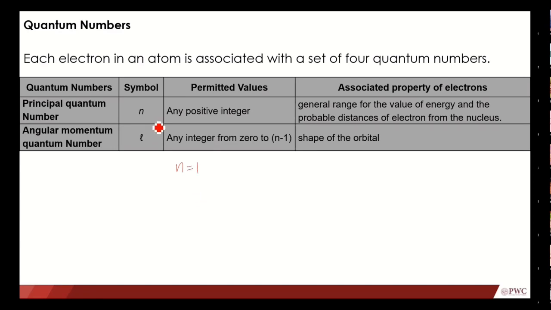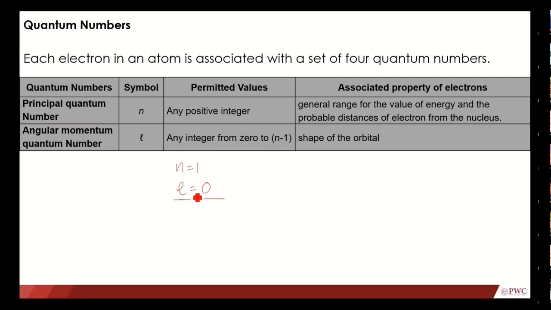So if n is equal to 1, what are the allowed values for l? 0. Right, that's 0. So in this case, of course, n minus 1 is 0. So in this case, there's only one allowed value for l when n is equal to 1.